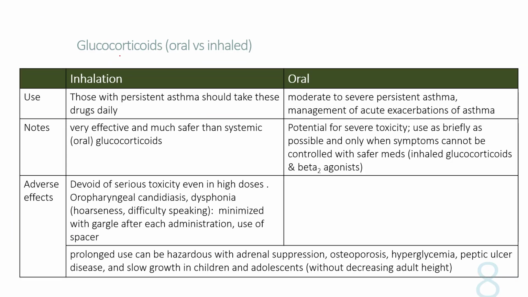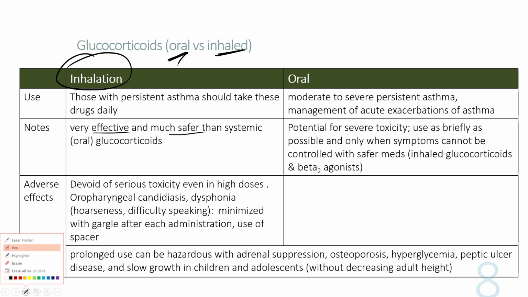So you've got over here just the differences between glucocorticoids when it's inhaled versus when it's orally administered, right? So inhalation should be the route of choice. So very effective, much safer than the systemic glucocorticoids. And you can see here, it's a lot safer because it's devoid of serious toxicity even at high doses.